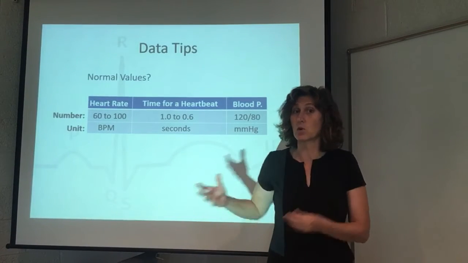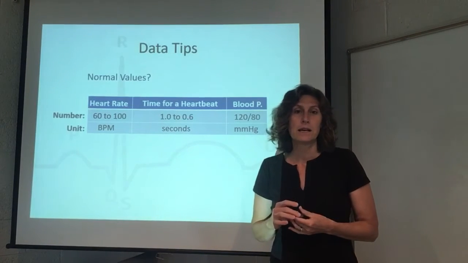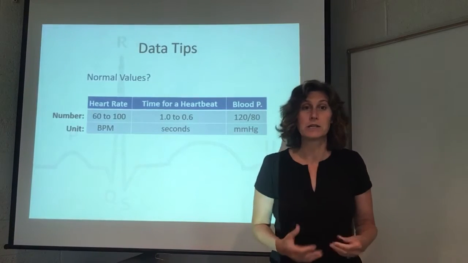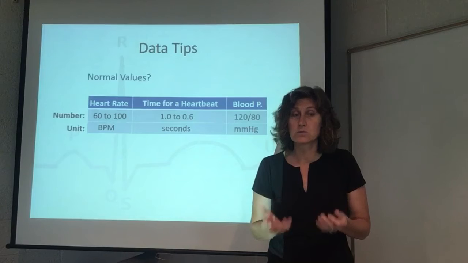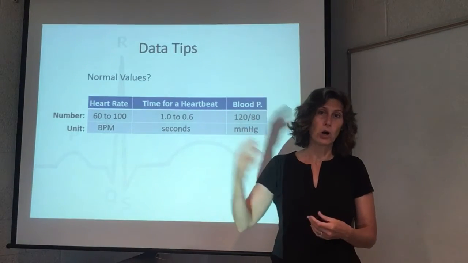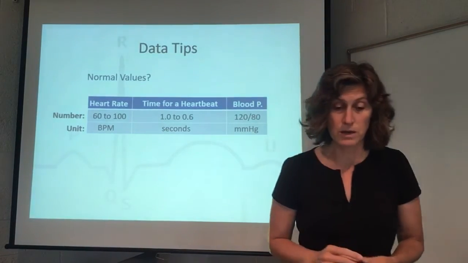So it's just kind of a coincidence that blood pressure values in the normal range have similar sounding numbers to heart rate in the normal range. But this is a good example of why knowing your units is really important, because you just throw out the number 80 about the heart and think that somebody's going to know what you're talking about, and really you have to be more precise than that.